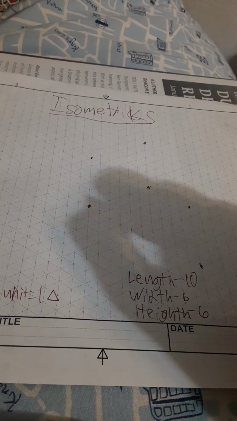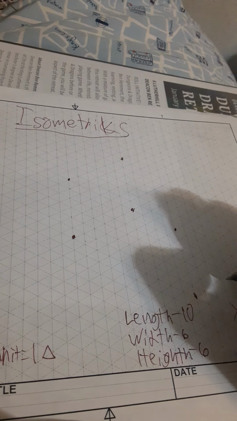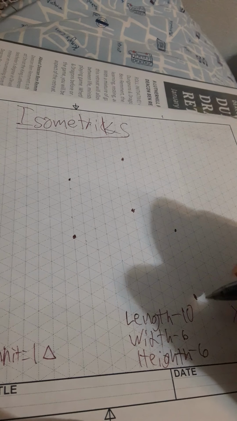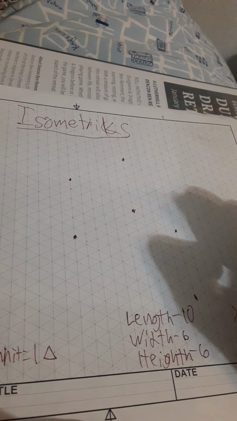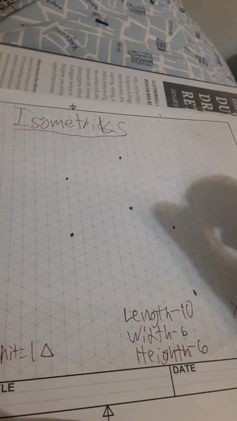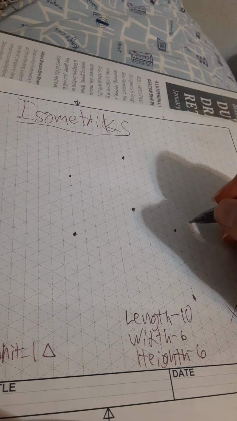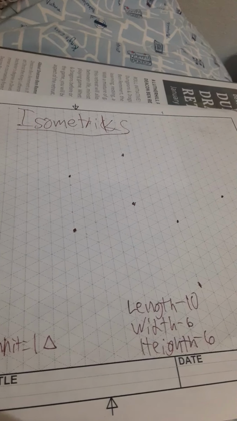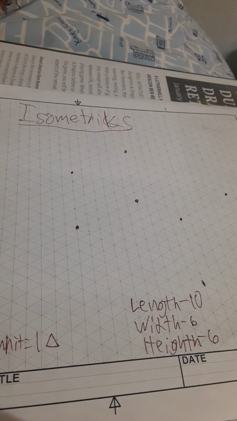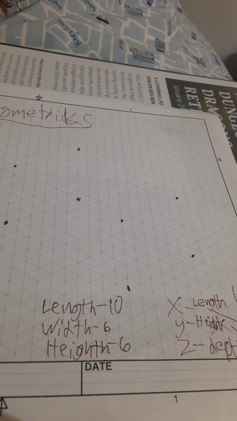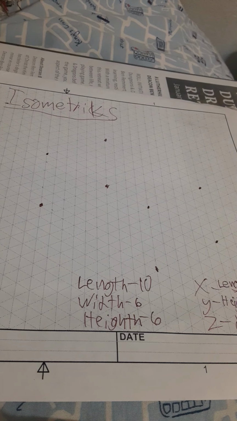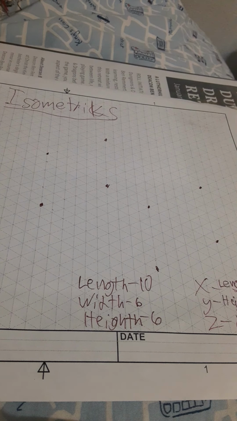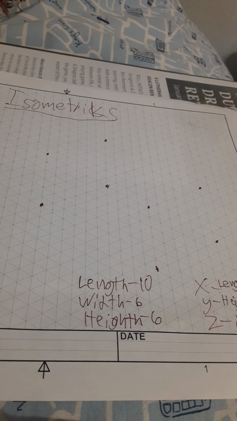Try to ignore that dot. 1, 2, 3, 4, 5, 6. Then 1, 2, 3, 4, 5, 6. Now you can get out your ruler. Now it might not look very pleasing to the eye right now, especially with that dot I accidentally put in there. But it will once you trace it out.